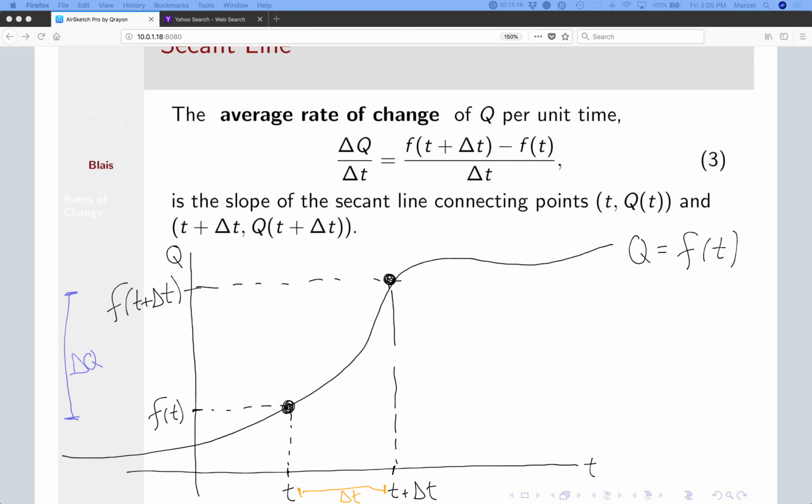Well, delta q, we see here, is the vertical distance between these two values, or these two points. So we see to get that increment delta q in the picture, to get that numerator, we just take f of t plus delta t minus f of t.